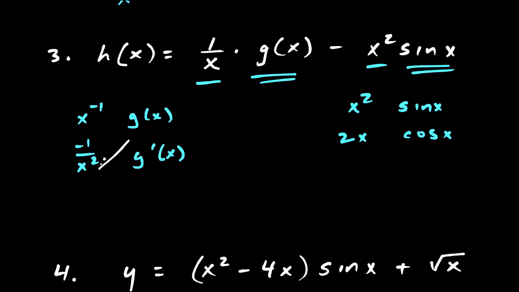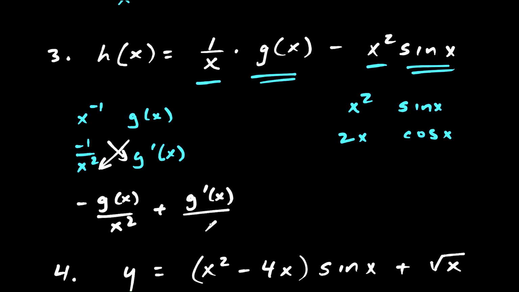And when we do that, we're going to have g of x times negative 1 over x squared. How are we going to write this? We can write negative g of x over x squared right away if we like. And then we're going to multiply these two across. So x to the negative 1 is 1 over x. So we're going to say plus, and times g prime of x, we'll have g prime of x over x.